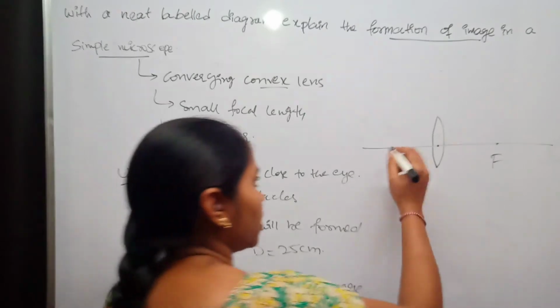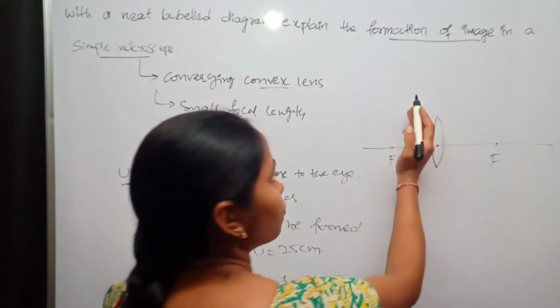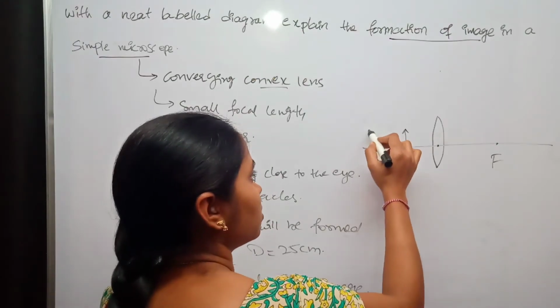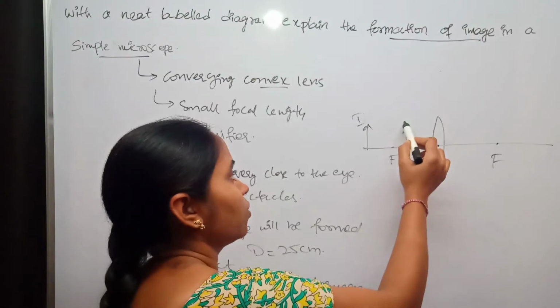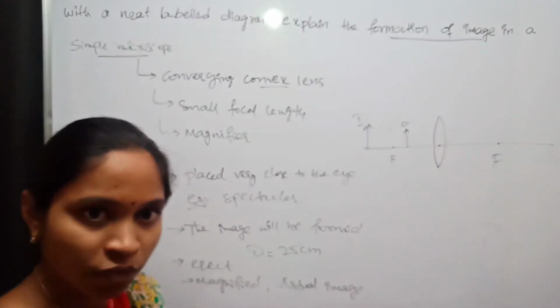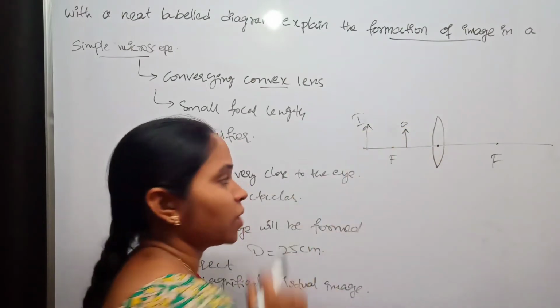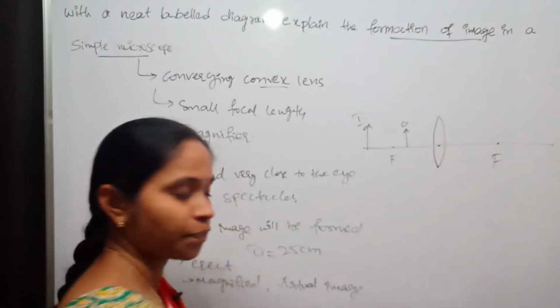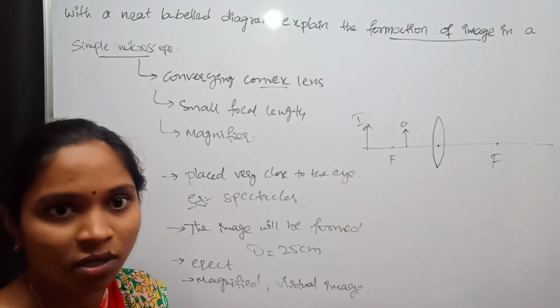I am going to explain. If this is the object, the image will be formed on the same side. This is the object, this is the image. If the image is formed on the same side of the object placed to the lens, this type of image is known as a virtual image.